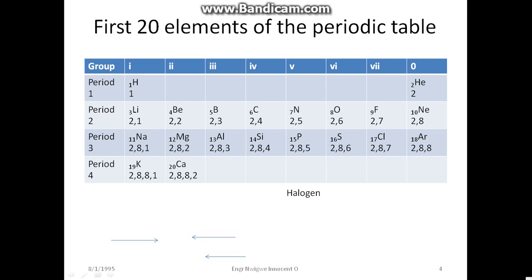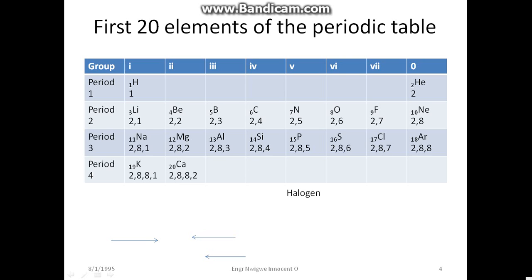Group 1, period 3, we have sodium. Group 2, period 3, we have magnesium. Group 3, period 3, we have aluminium. Group 4, period 3, we have silicon. Group 5, period 3, we have phosphorus.